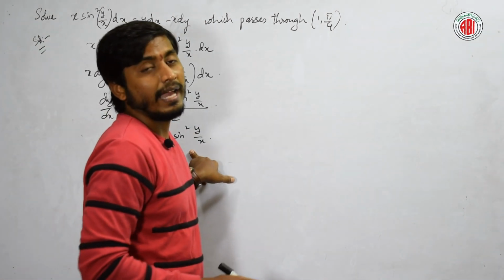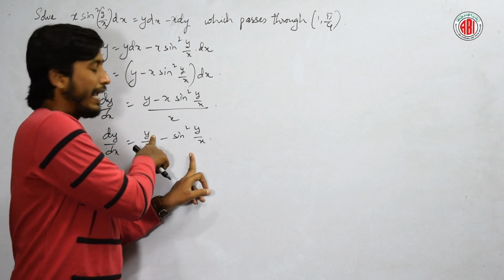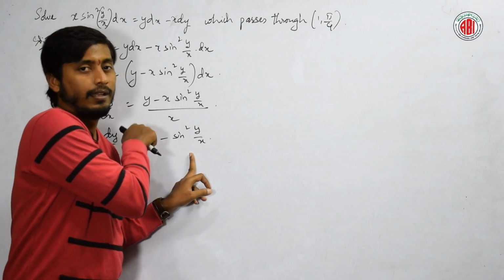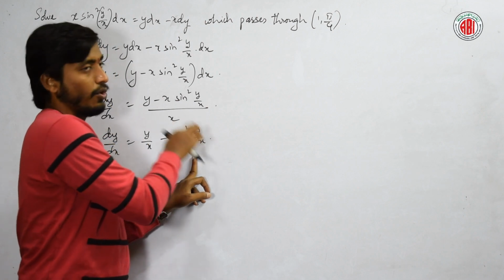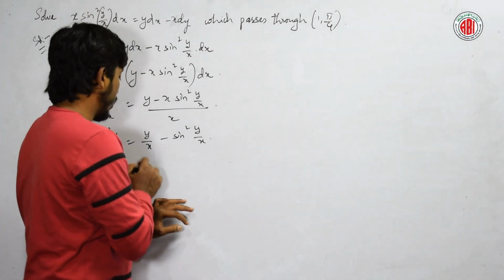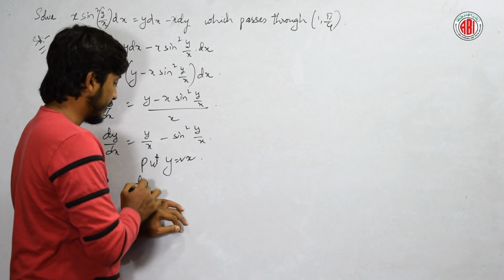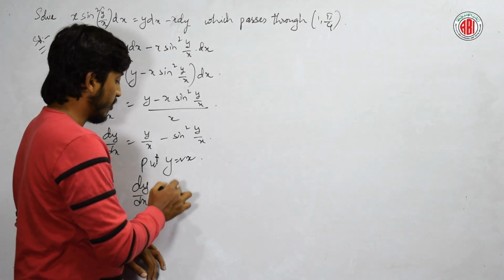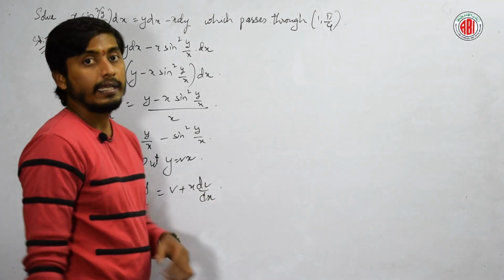Is it? Now check whether it is homogeneous or not. Here if I substitute y equal to kx, x equal to kx, however the degree is 1, this is homogeneous. Here also it is homogeneous. Is it? So let us directly substitute y equal to vx. So I will get dy by dx is equal to v plus x dv by dx. Is it?